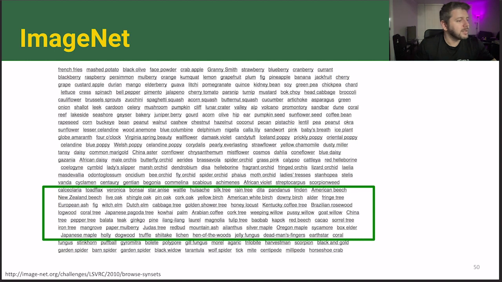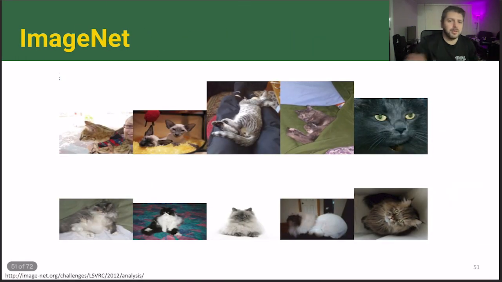So we can see some trees: fringe tree, European ash, the New Zealand beech, live oaks, shingle oak, cork oak, yellow birch. As you can see, you'd have to be almost an expert at forestry to do as well as a model that would get 100% on all of these tree classes in ImageNet.